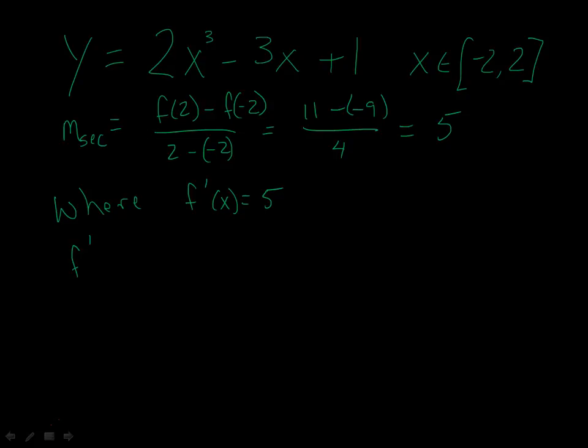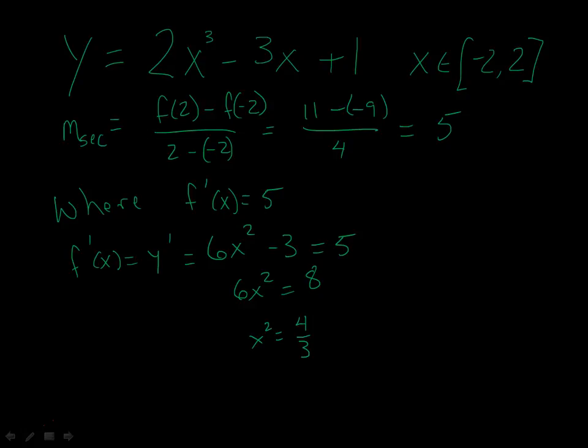So f'(x) here, which, if you want to call it y', that's fine either way, is going to equal 6x^2 minus 3. Okay, now when is that equal to 5? Well, that's going to be when 6x^2 is equal to 8, and when x^2 is equal to 4/3.